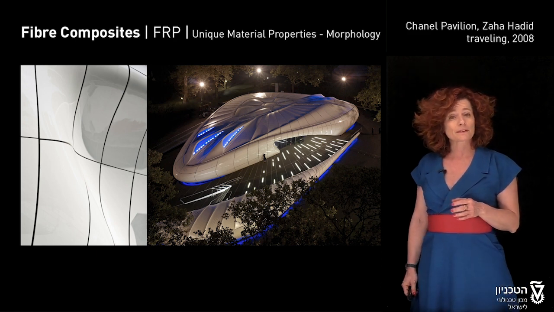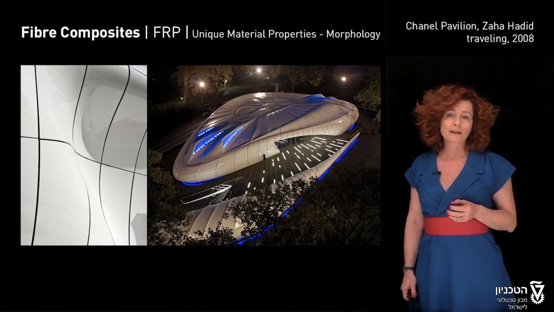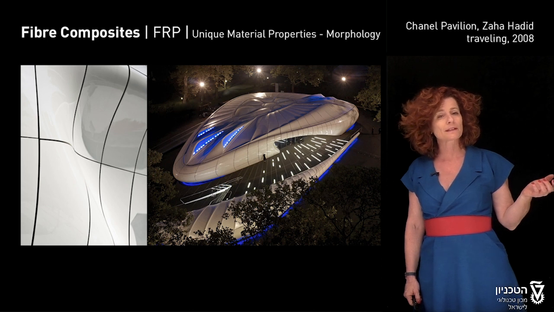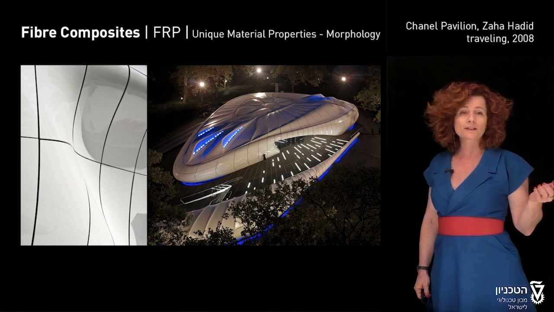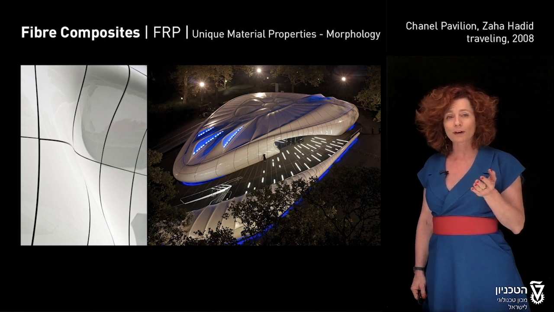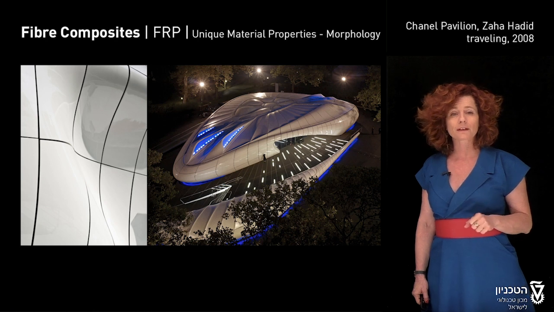Another property of this material is its ease of adopting complex shape, complex double curved shape, and of course the queen of those is Zaha Hadid. She started already in 2008 experimenting with this Chanel traveling pavilion. It was an art pavilion supposed to travel in 13 countries.